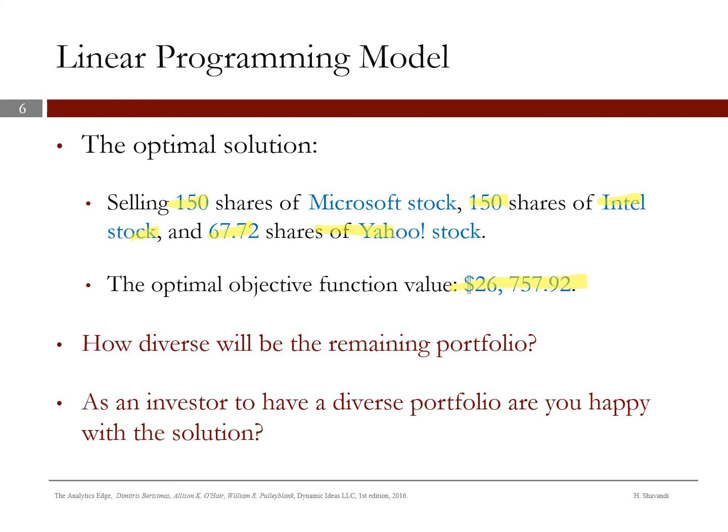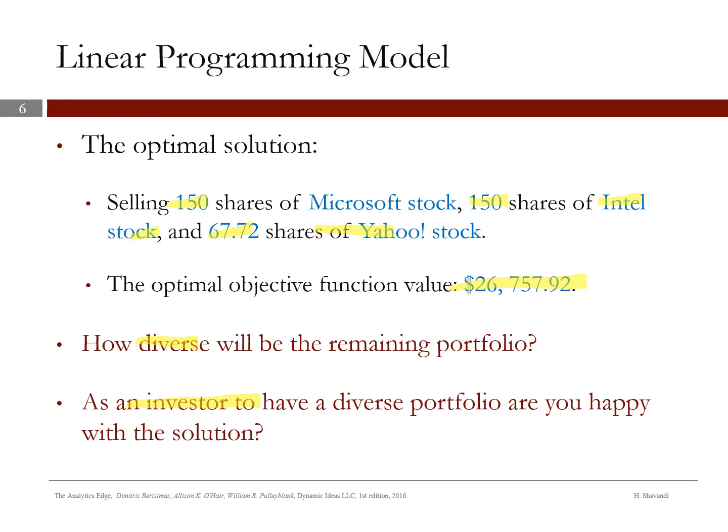So this optimal solution, at the end, we can say it's not a diverse portfolio, right? So we shouldn't be happy with this optimal solution if we are a type of investor that wants to have a diverse portfolio, because we are selling all of our shares of 2 stocks and none of our shares of 5 stocks.